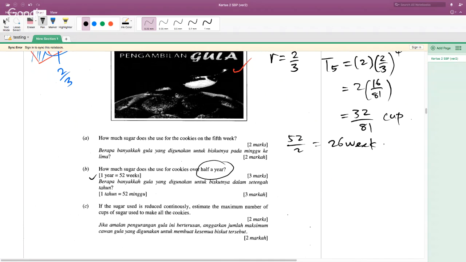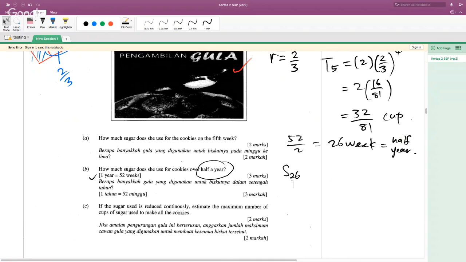This is some common sense, but I hope you have it. They want to know how much sugar she uses, so you want to find S26, because you have to sum from the 1st week until the 26th week to find the total sugar she used.